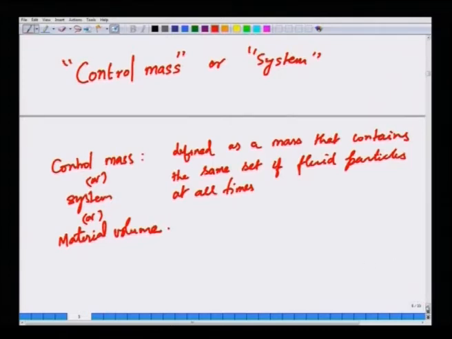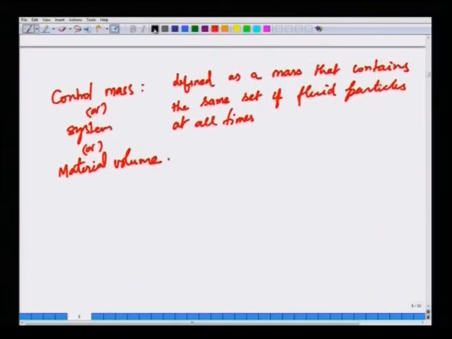Now, examples of control mass are the following. How to realize this in a real experiment? Well, imagine you have a piston cylinder assembly, that is common in thermodynamics. Imagine you have a mass.